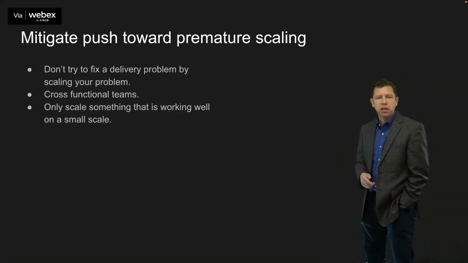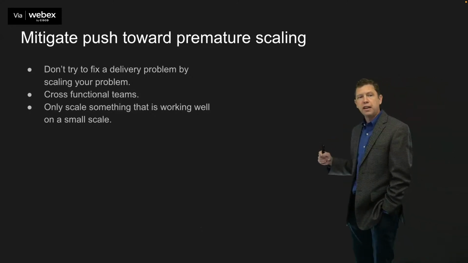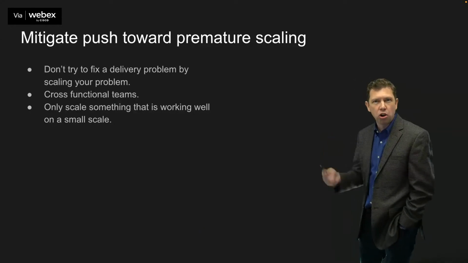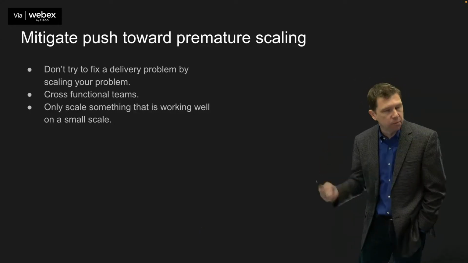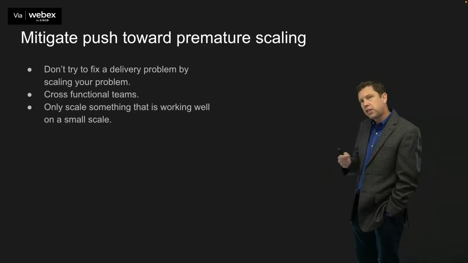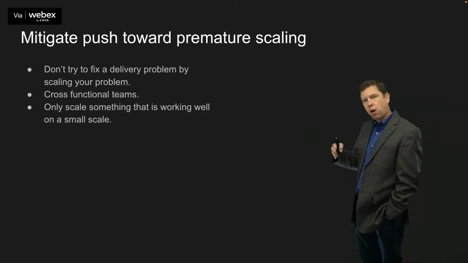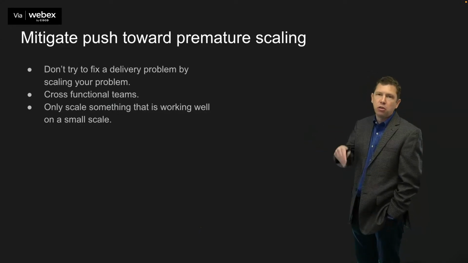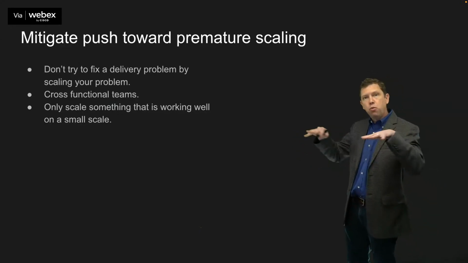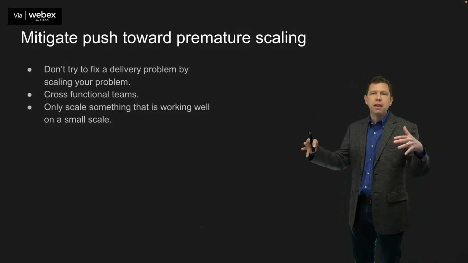And only scale something that's working well on a small scale. If you get to a point where you've got a small team of people delivering valuable software all the way through, and it's efficient, now you may have something. You may have enough experience to say, okay, what if we want to duplicate this? What if we want to bring more people on and try to do this same thing? Now, it probably will be less efficient the more people you add, but that may be okay.